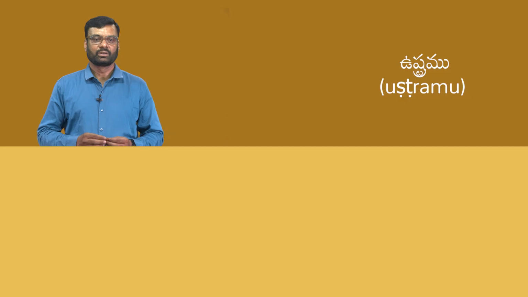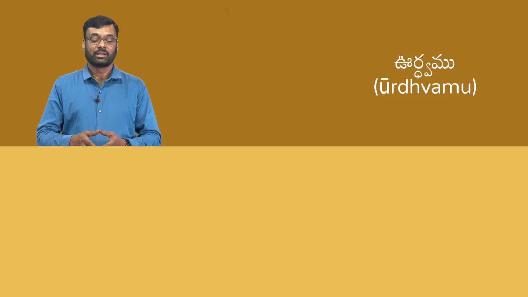Consonant clusters are compound consonants in Telugu. Consonant clusters are formed when two or more consonants occur without an intervening vowel and are often represented through conjunct forms in Telugu language. Observe the example words below. Ustramu, it means camel.